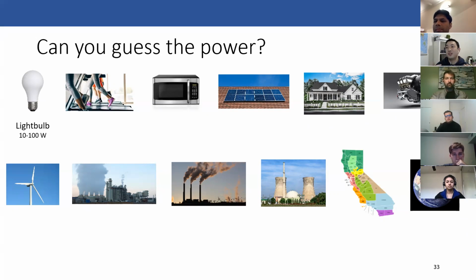Back before you had a lot of LEDs and CFLs, you would have incandescents that are typically in the range of 75, 100, 150 watts for a light bulb. And nowadays, the light bulbs are so efficient that you can squeeze a lot more out of them, right?